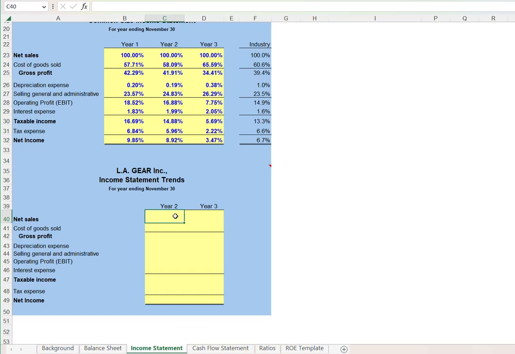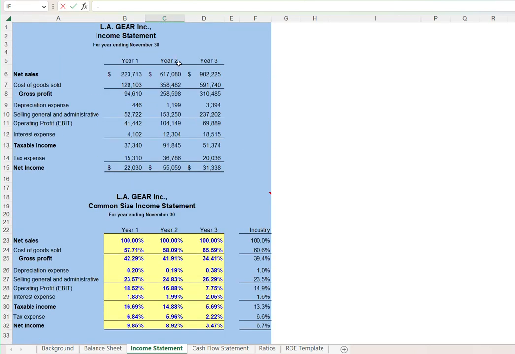So we're going to take sales in year two, 617,000, divided by sales in year one. And again, we are going to want to anchor the cell reference. In this case, we're going to want to anchor it for both the column and the row.